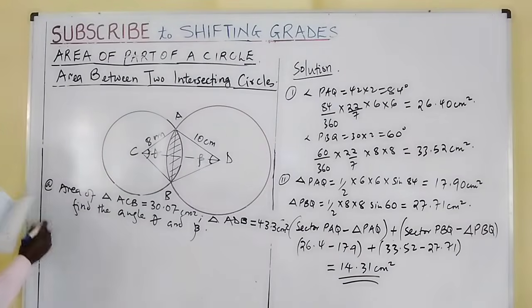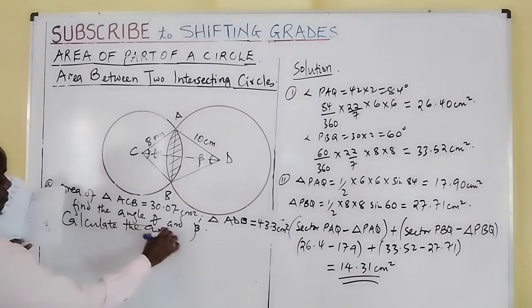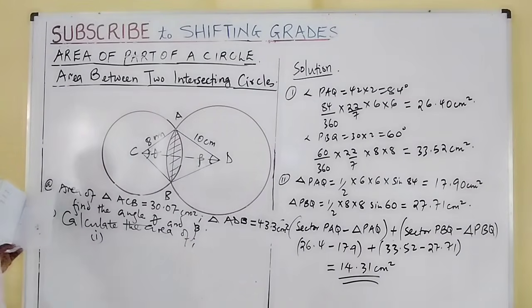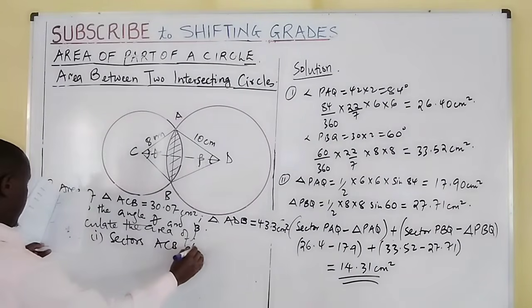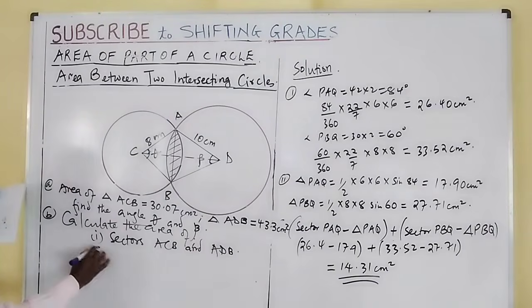Then after that, we are told part B, calculate to 2 decimal places the area of part 1, sectors ACB and ADB, and lastly Roman 2, the shaded region.